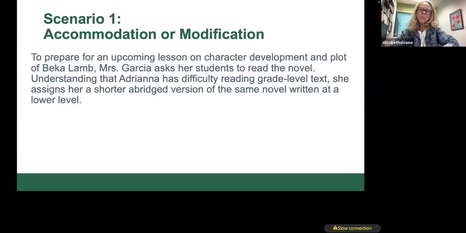I think this is one of those that I could go either way on. It depends on how much I'm changing. If you strip the vocabulary and some of the meaning, but they're getting the same idea, which is the point of including our students with modifications, they're getting the same idea about what the book is about at a very low level, without the complexity of the understanding.